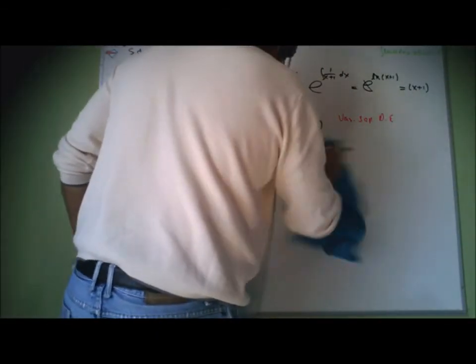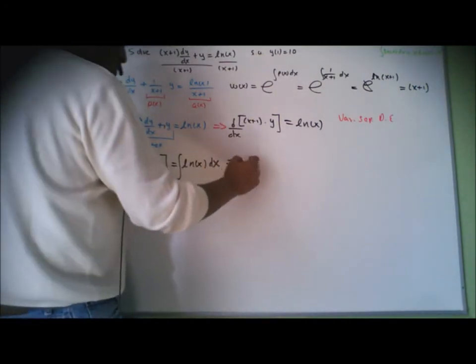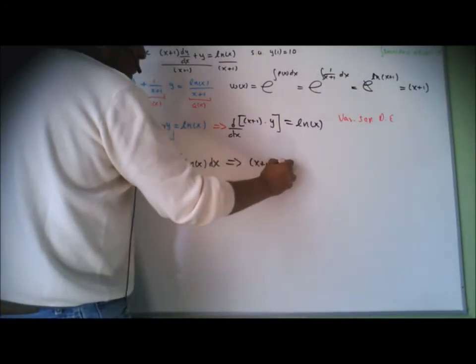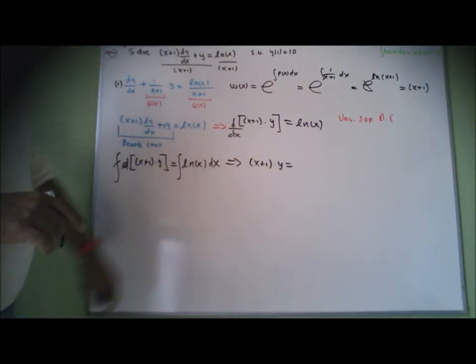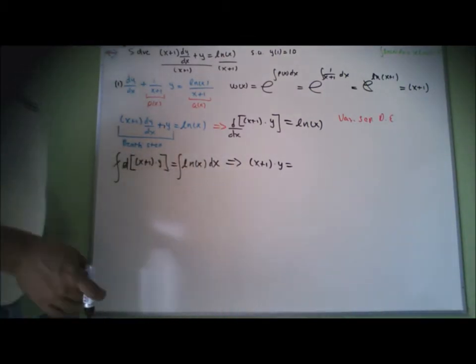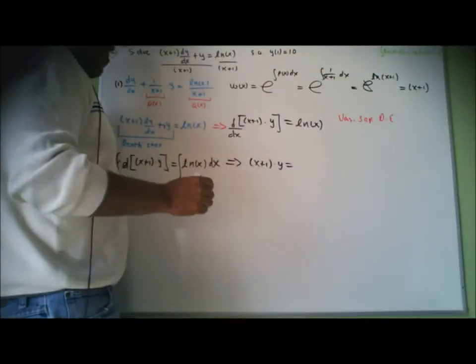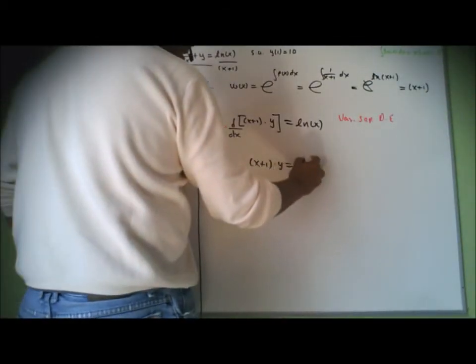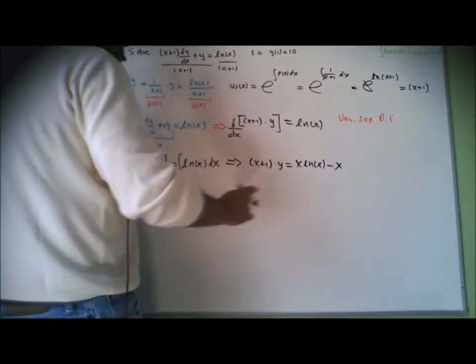Okay, let's continue. If we cancel this, then this is going to be x plus 1 times y equals the integral of the natural log of x, differential of x. We can apply integration by parts, or we can use the table of integrals, which I have here. The integral of the natural log of x is just x natural log of x, minus x, plus a constant.